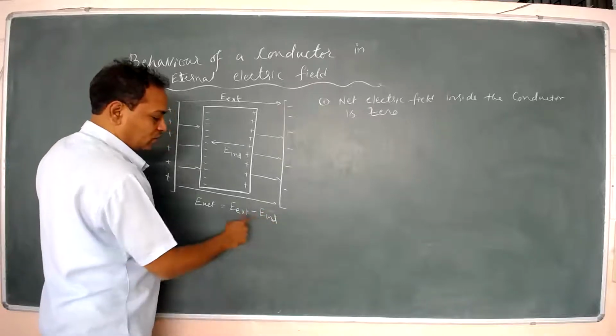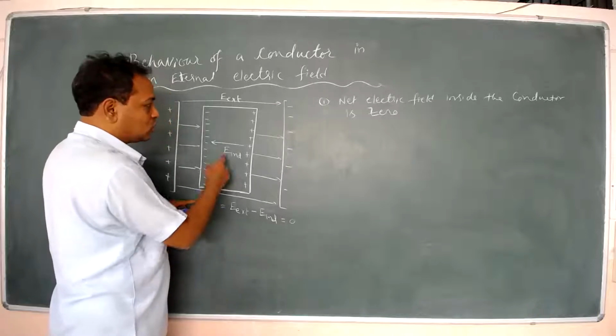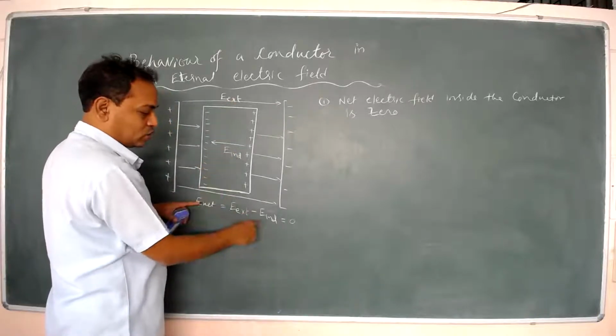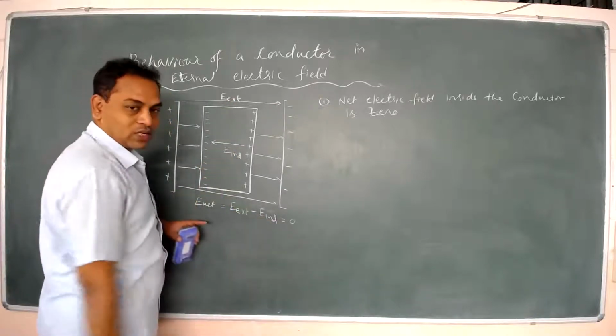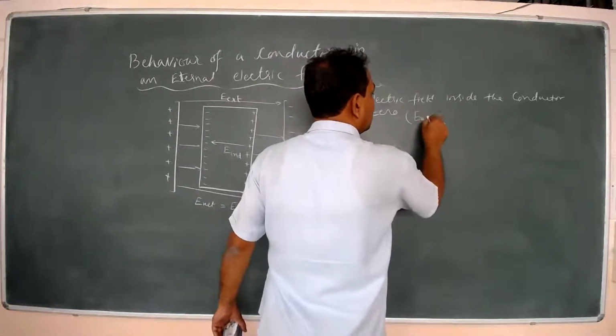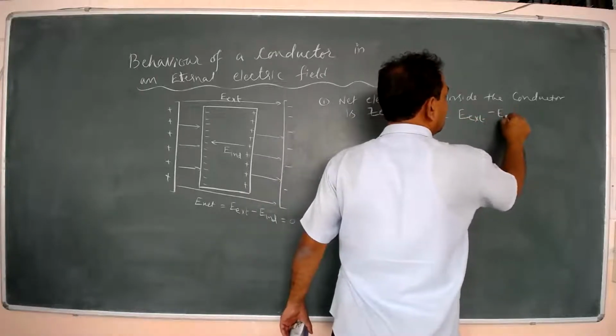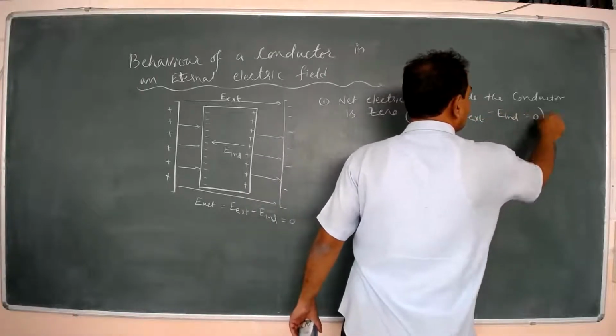The difference between these two, the net electric field, will be 0. Why? Because these two become equal and opposite, so they get cancelled. So this is the first point: E net equals E external minus E induced equals 0.